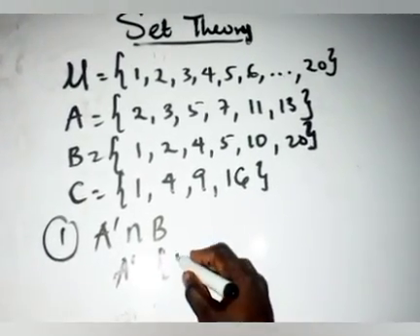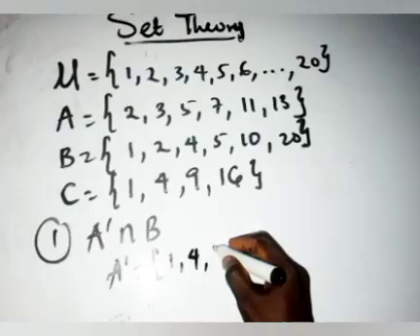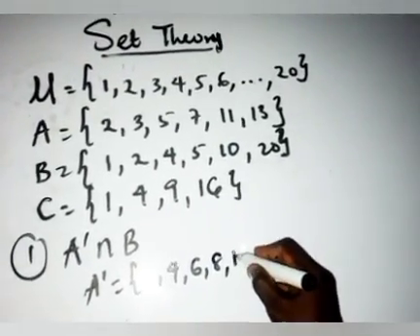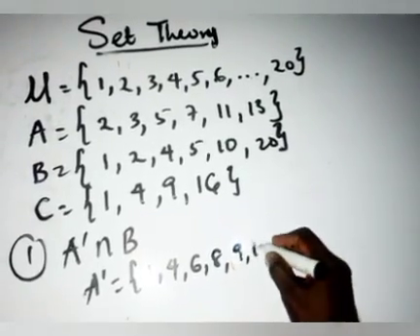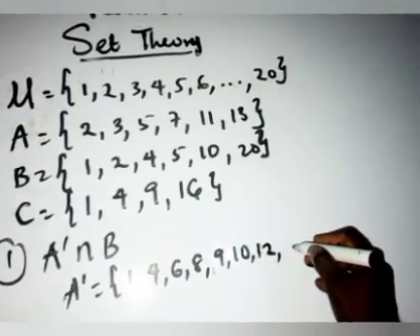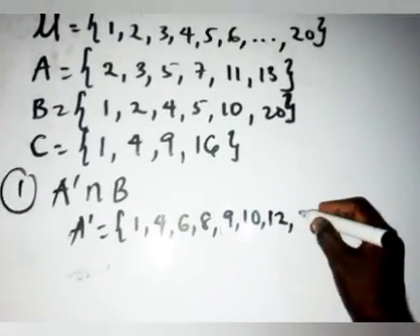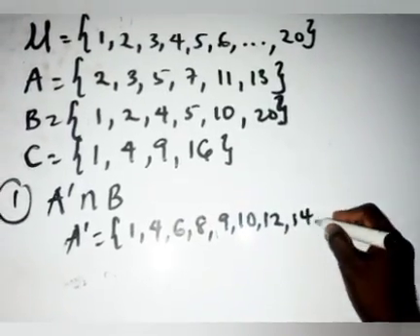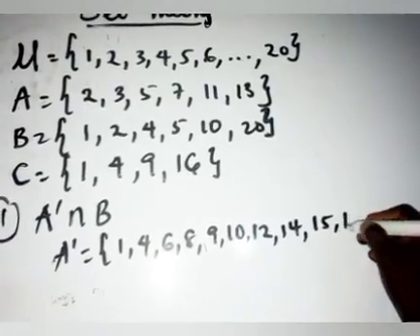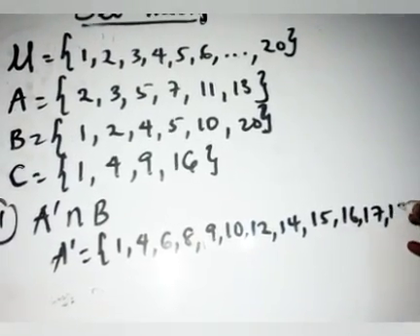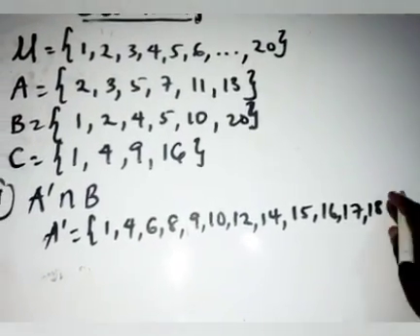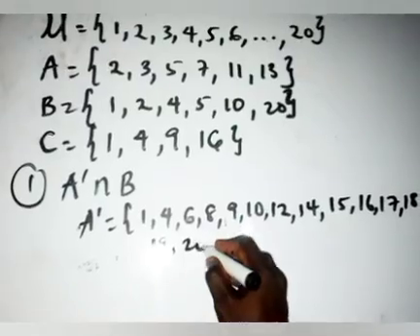Those elements that are not in A: 1 is not in A, 4 is not in A, 6 is not in A, 8 is not in A, then 9 is not in A, 10 is not in A, 12 is not in A, then 14 is not in A, 15 is not in A, 16, 17, 18, 19, 20.